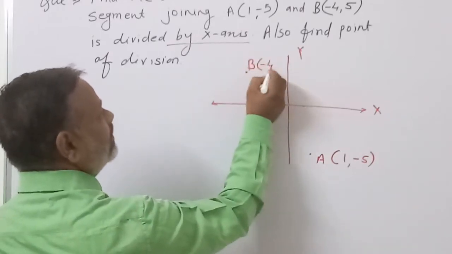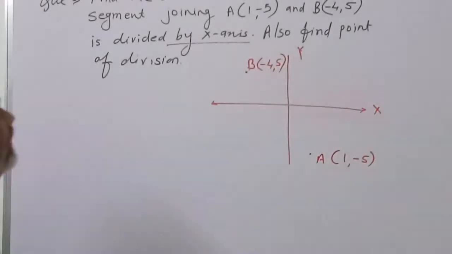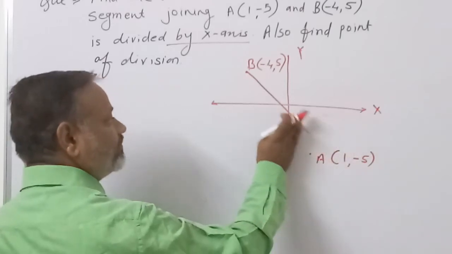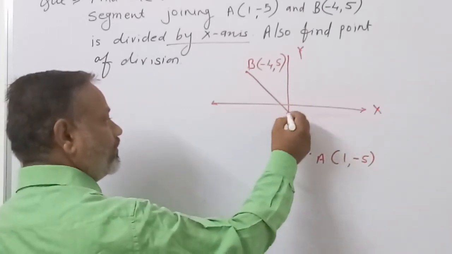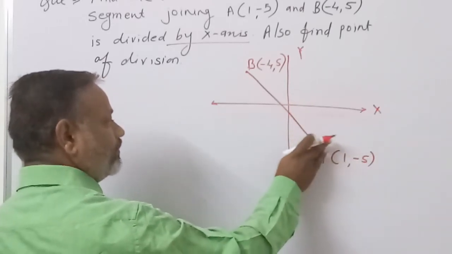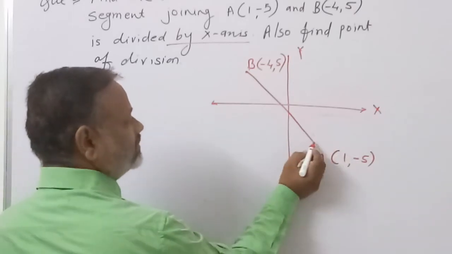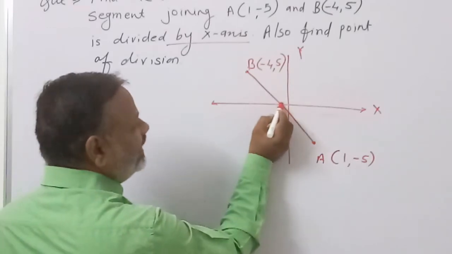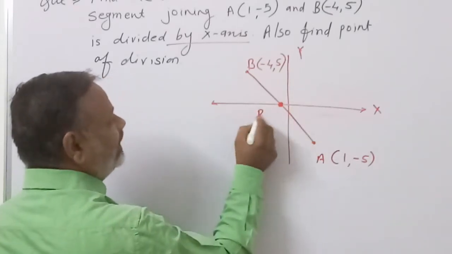Got it? किसने डिवाइड किया है, x एक्सिस ने, तो दिस इज ऑफ योर लाइन. So this is the point A, this is the point B and divided by x axis, ये है point P.